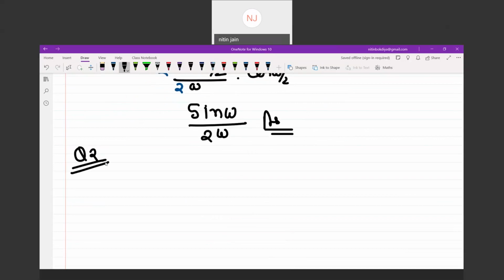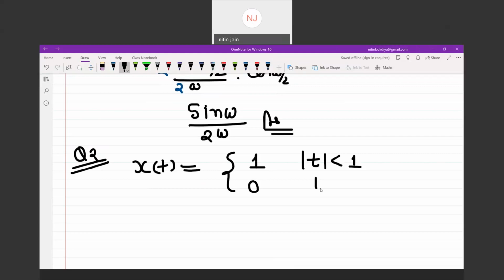A signal is represented by x of t, and x of t is given by 1 for mod of t less than 1 and 0 for mod of t greater than 1.